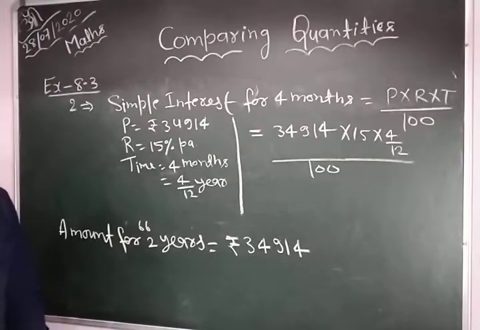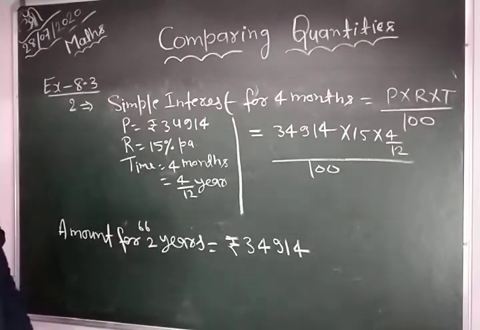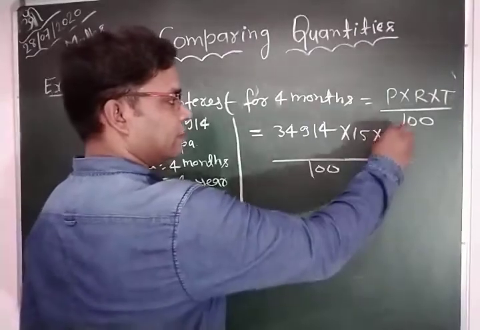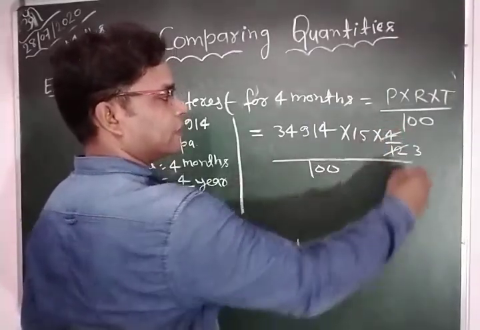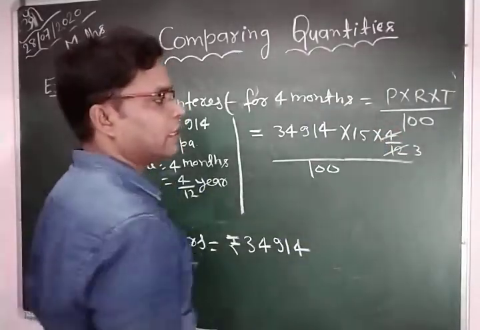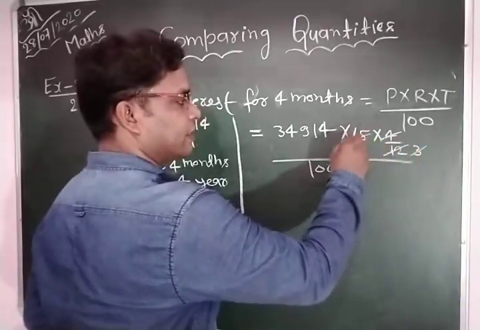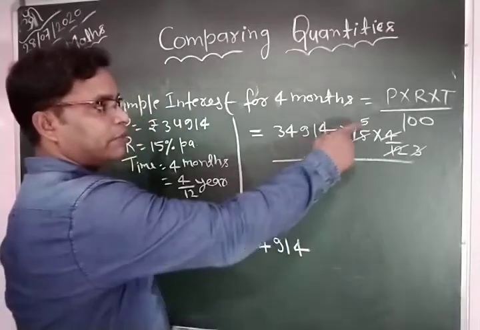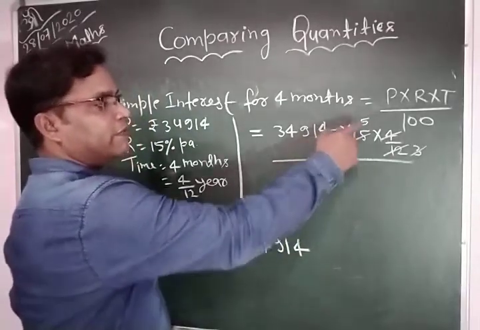Clear? So we can cancel it. 4 threes are 12, so 3 times, and 3 fives are 15, so 5 times. Clear? Now we multiply it by 5.